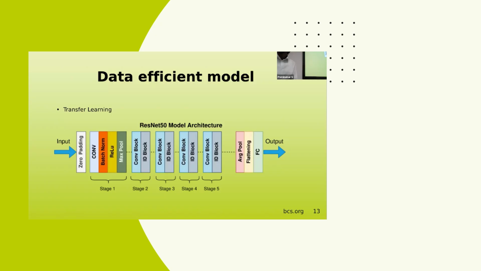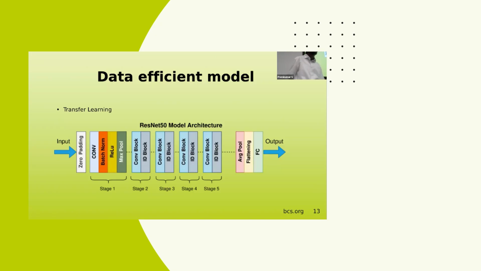So apart from all of these challenges, how do we create a data efficient model? A model that can perform well, that can produce similar results even with a low amount of data. One thing we can do is transfer learning.